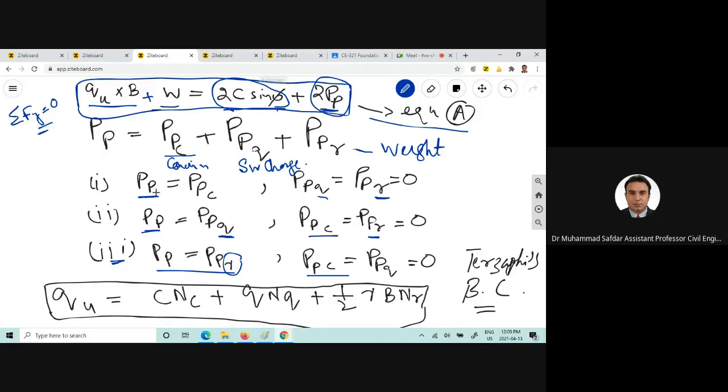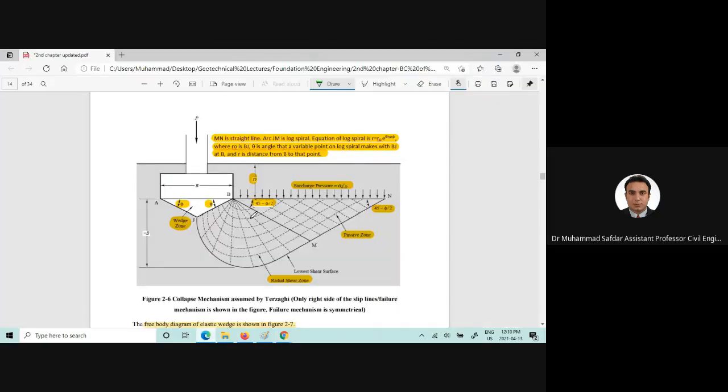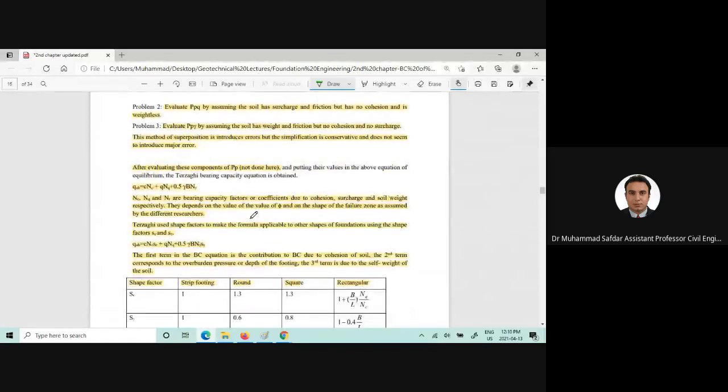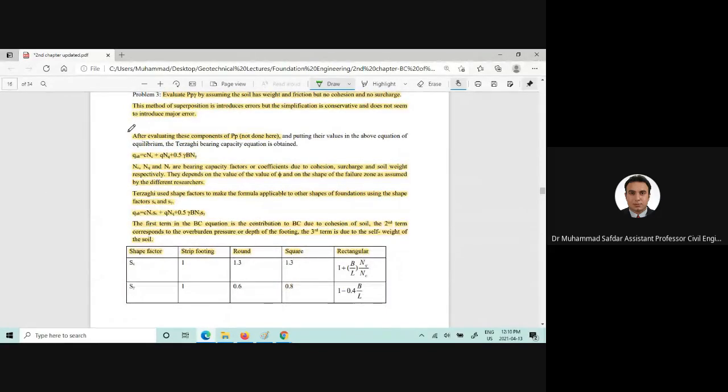Now there is a lengthy derivation in between that has been intentionally skipped, because our focus should be to understand how we can find out the factor of safety. After evaluating these components of Pp, which is not done here, and putting all these values in equation A, we will come up with a simplified equation which is derived here.